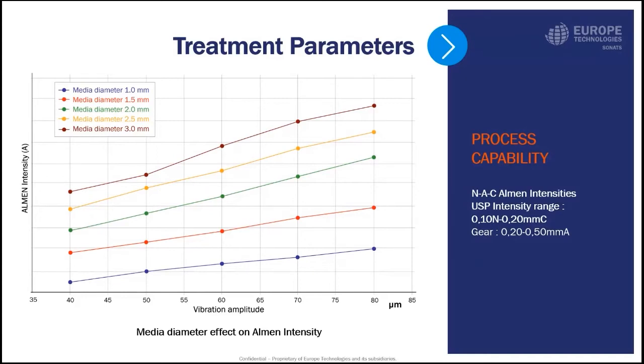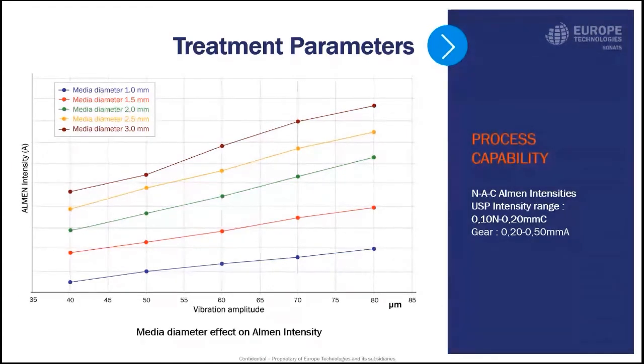Usually USP, or ultrasonic shot peening, uses media 1 millimeter or 1.5 millimeter in diameter for gears, to reach an Almen intensity of 0.20 up to 0.50 mmA.